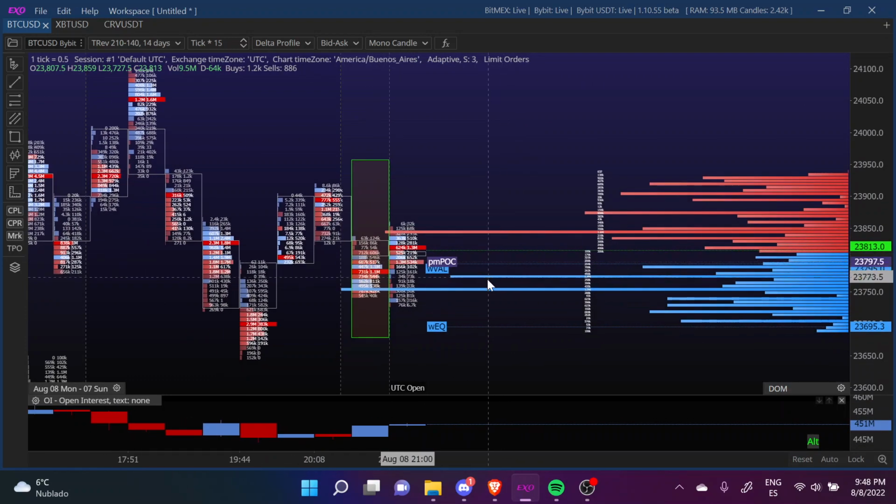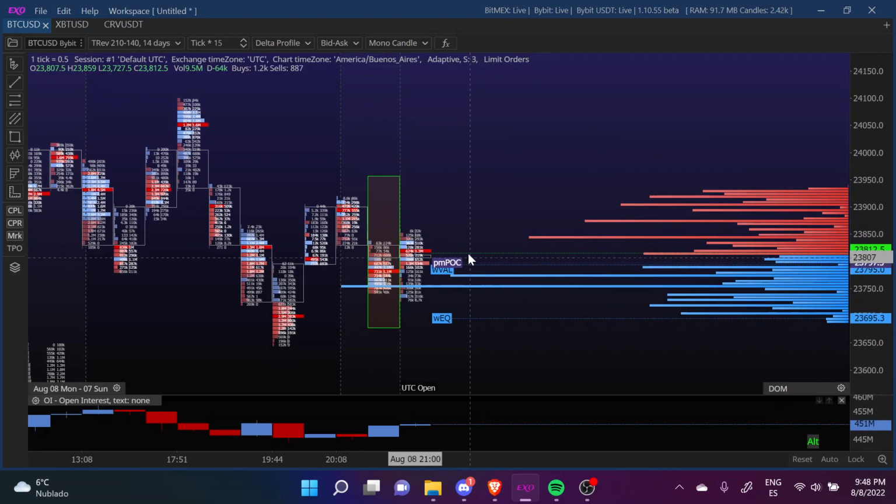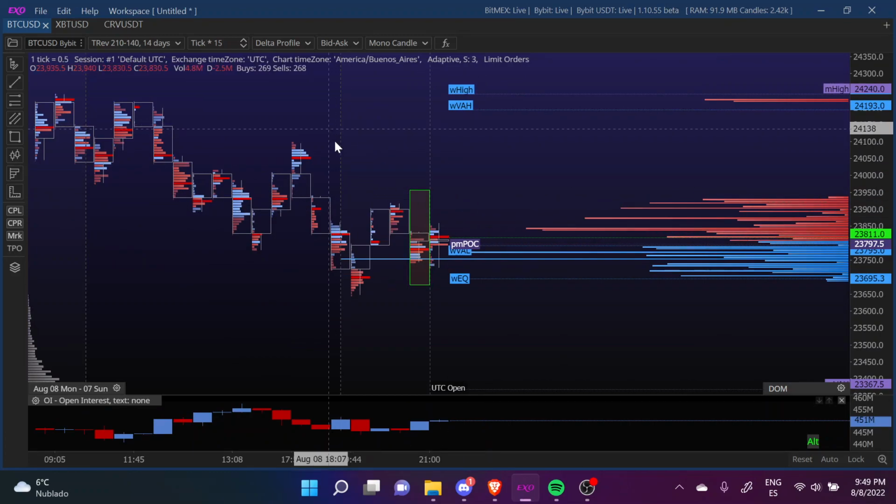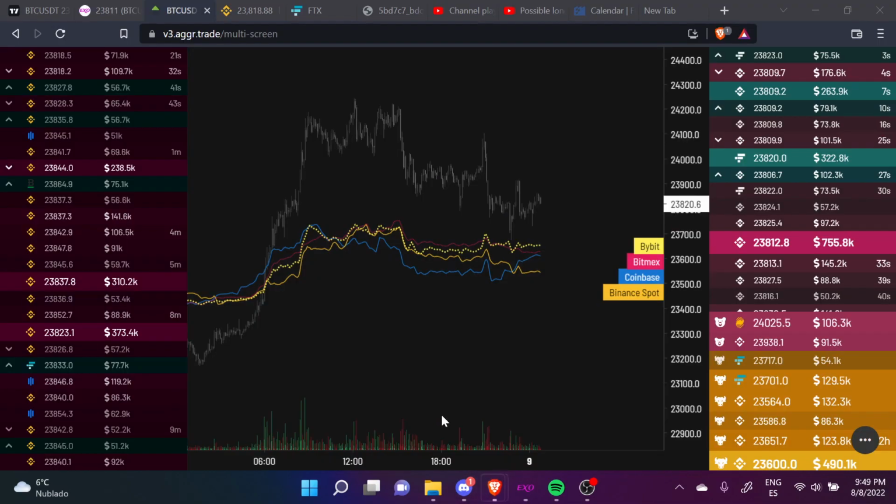The condition we are experiencing right now is the bid in a certain way being more populated than the offer. So this is the second way in which we can assess the path of least resistance. One is based on the market structure.